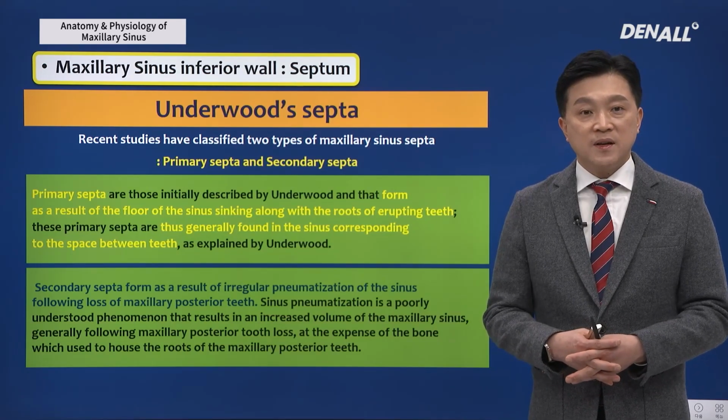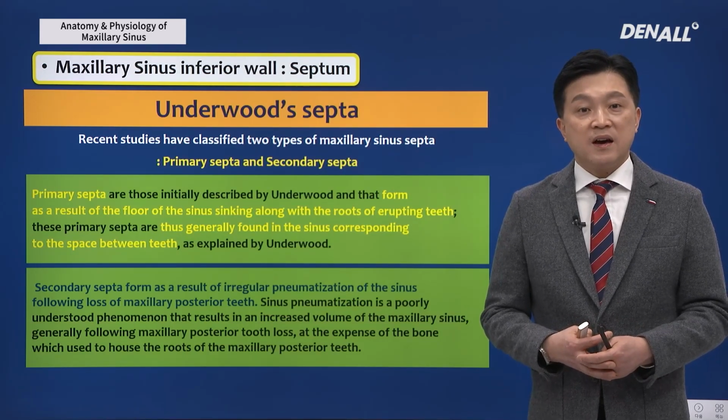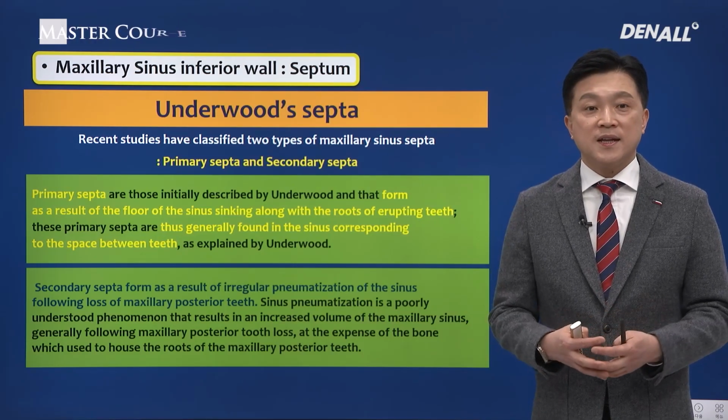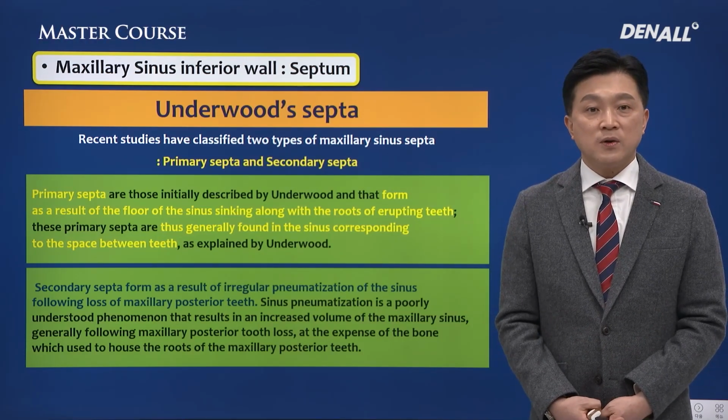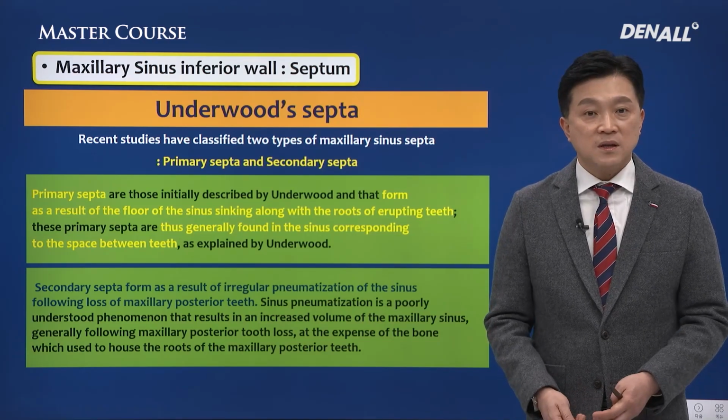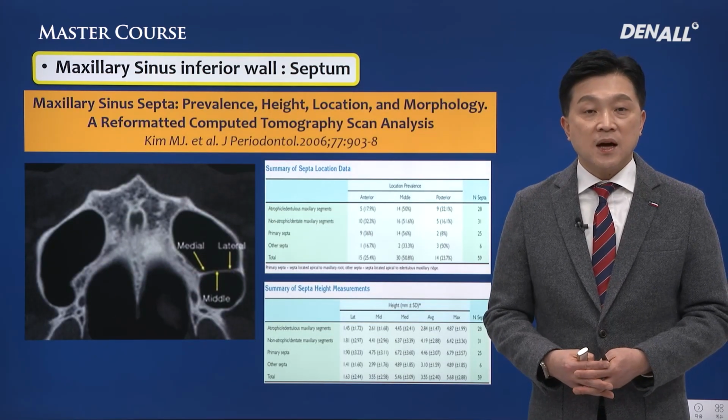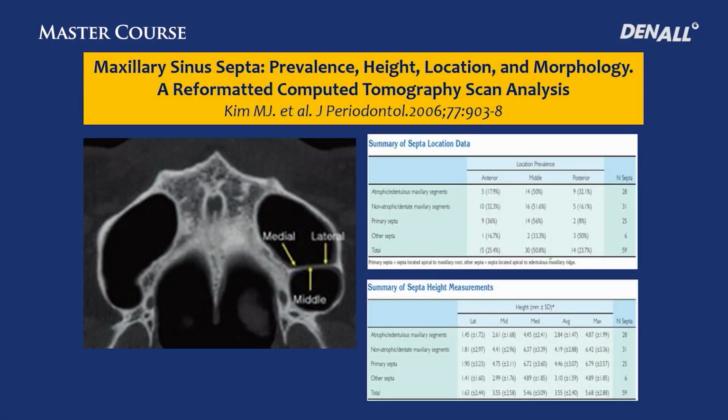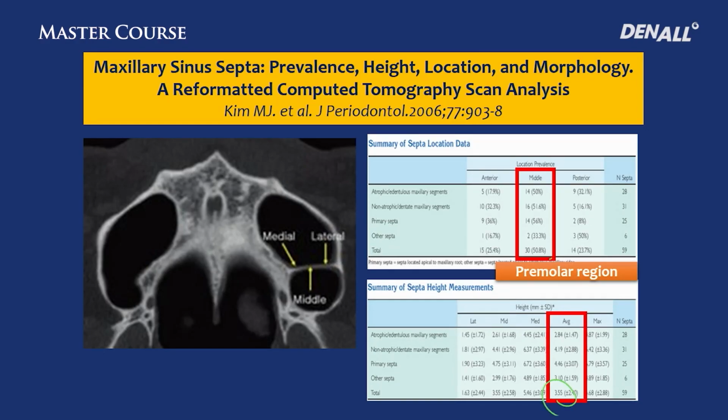Secondary septum refers to a septa that is a result of irregular pneumatization of the sinus following loss of maxillary posterior teeth. As shown on the research, septa exists primarily around premolar region. If you look at the average height, it is about 3.5 millimeters.